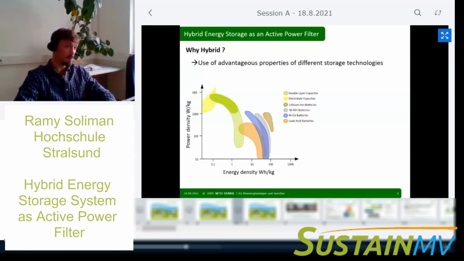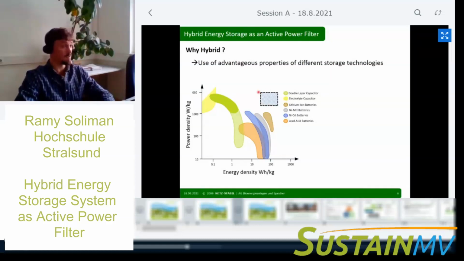Therefore, we need high power density and high energy density. For example, this graph shows the energy density and the power density on a logarithmic scale for different technologies. The optimal storage technology in terms of energy and power density would be in this area, at least for our use case.